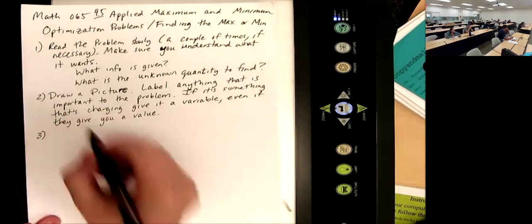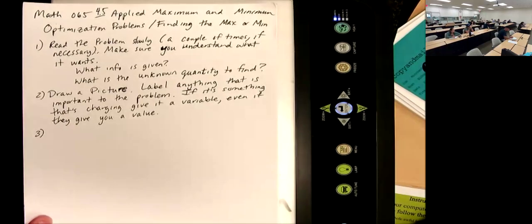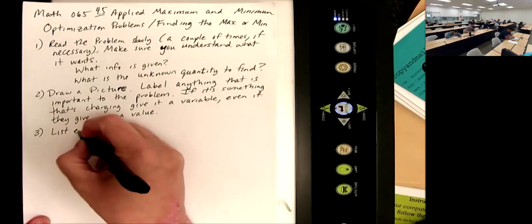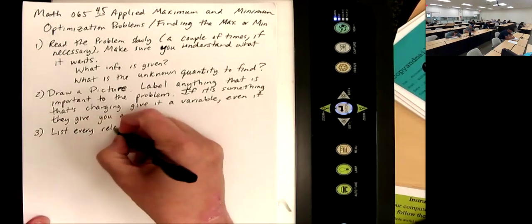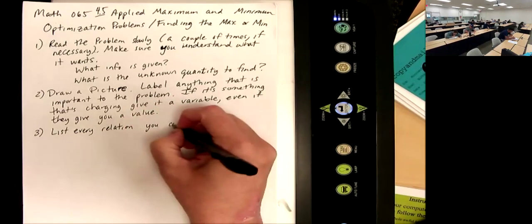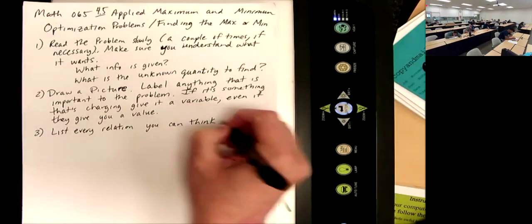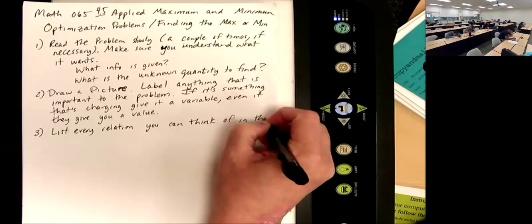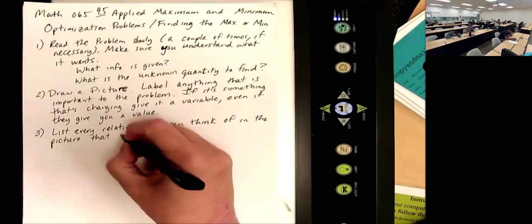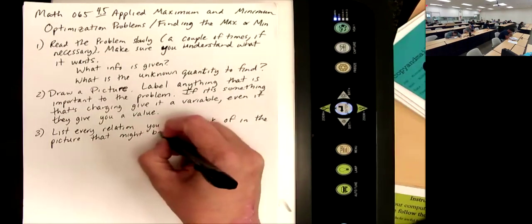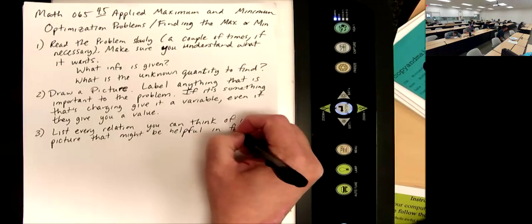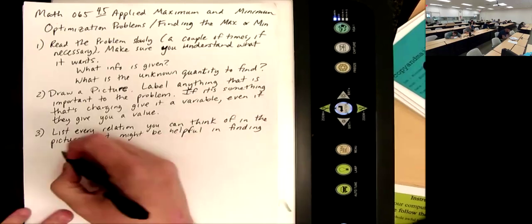Alright, so now that we've got a picture and we've got some variables for what's going on, list every relation you can think of in the picture that might be helpful in finding what you need, finding the unknown quantity.